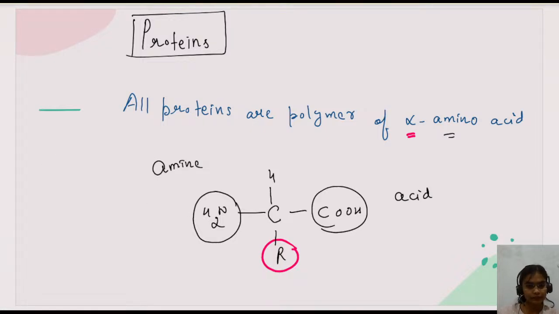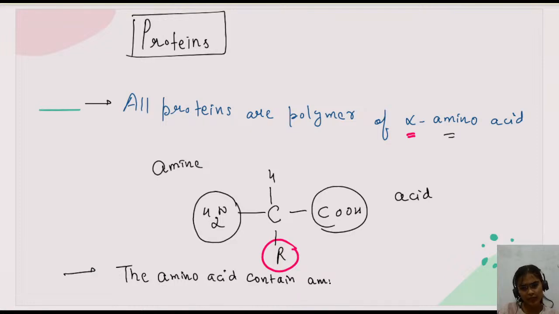This is the first point. Similarly, the second point is that the amino acid contains amino as well as carboxylic acid groups.